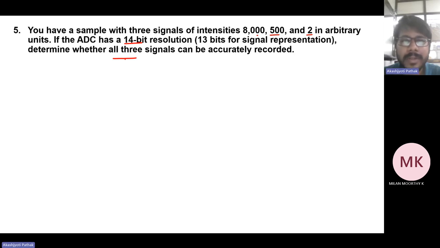So 14-bit resolution means you can exclude one bit, because one bit will be used for the sign conversion. And now you can consider 13 bits. So there are 13 bits, and the question is whether these signals can be accurately recorded.